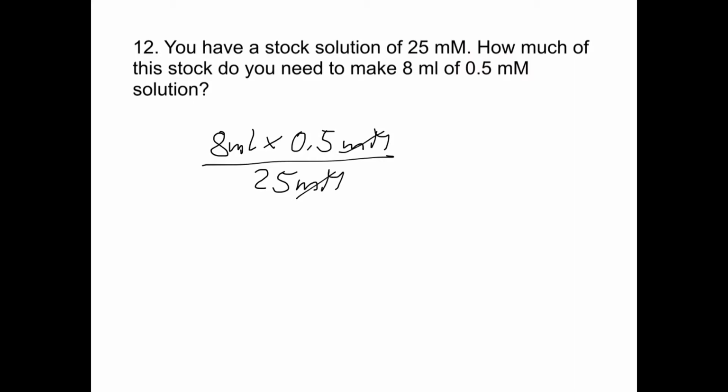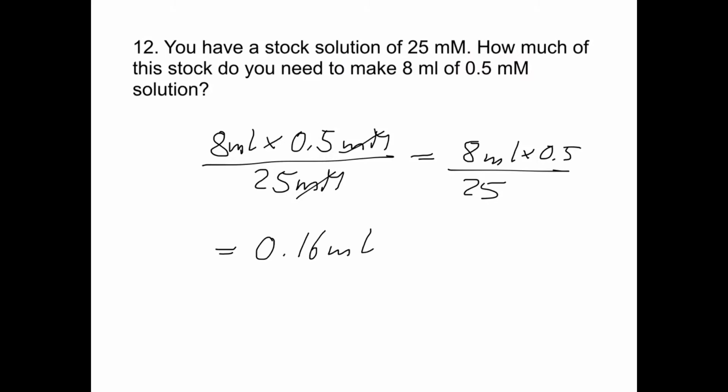Again, we can cancel that, so we have 8 milliliter times 0.5 divided by 25, and when we put that in the calculator we get 0.16 milliliter, and obviously we then need 7.84 milliliter of water or buffer or whatever, and this 0.16 milliliter, that was our stock solution.